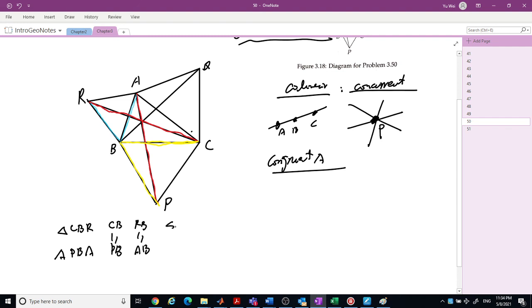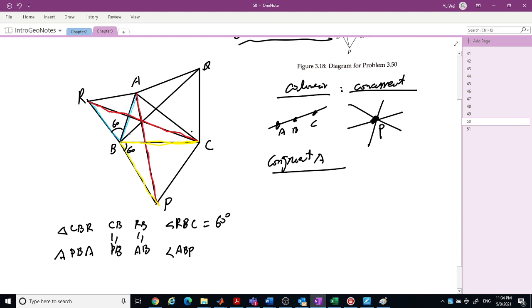Then let's see the angle RBC and the angle ABP. So this angle is equal to 60 degrees. RBC, this is 60 because it is equilateral.